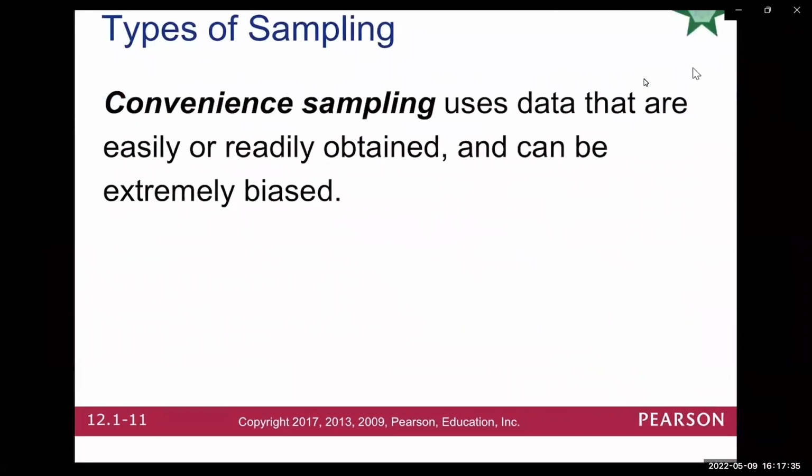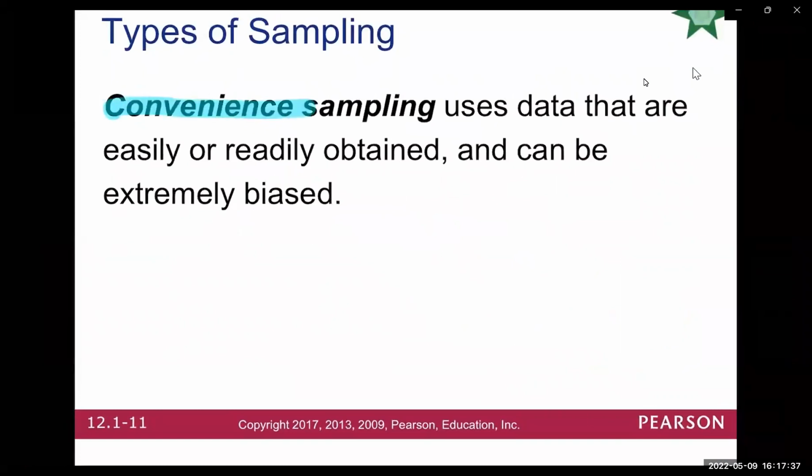All right, convenience. That just means you use data that are easily or readily obtained. So this one can be extremely biased, and it's one of those that you want to avoid. You're just collecting data that's convenient. Maybe it's your siblings or your cousins or your friends, only people that are related to you.